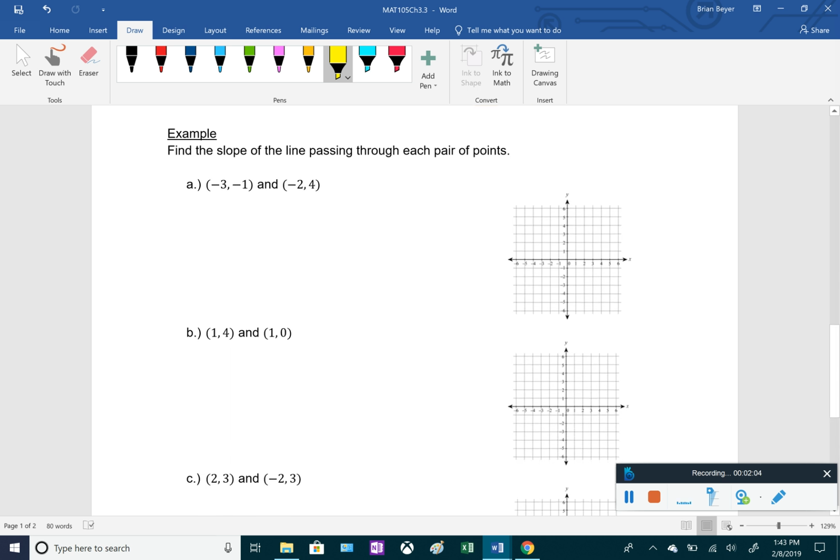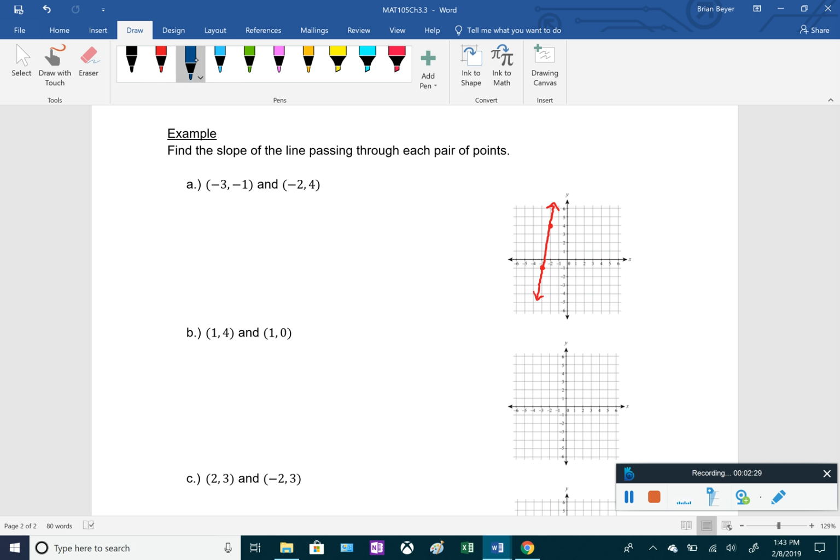So let's just do some examples. Let's find the slope of the line passing through these points. Let's plot these points. We have -3, -1, so that's going to be this point right here. And then -2, 4 is going to be right up here. We're trying to find the slope of the line that cuts through these points.